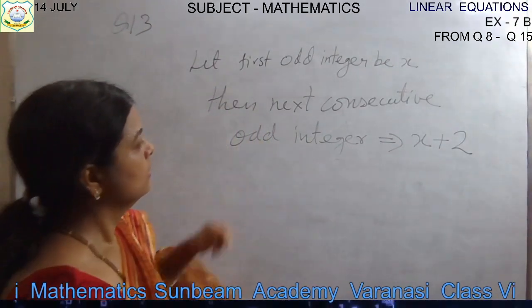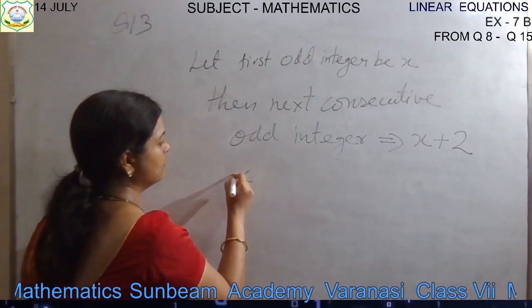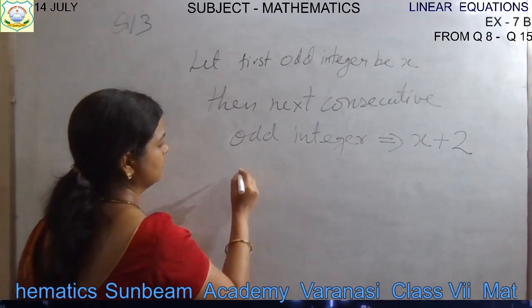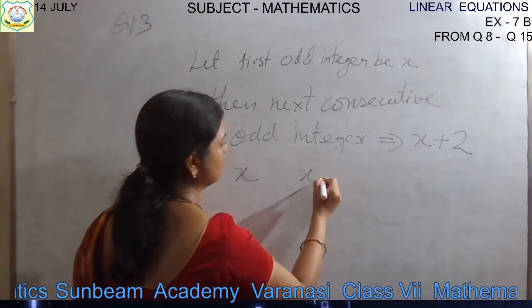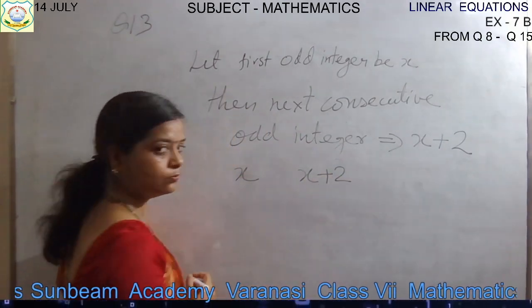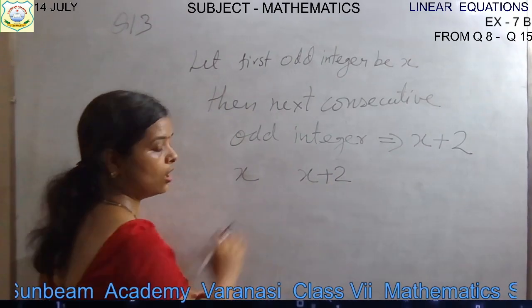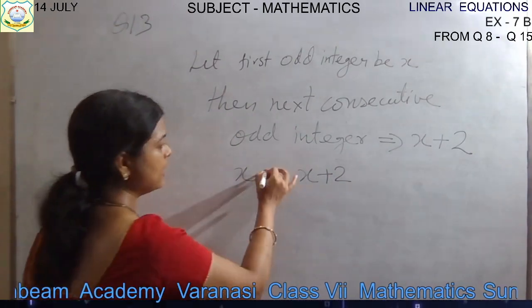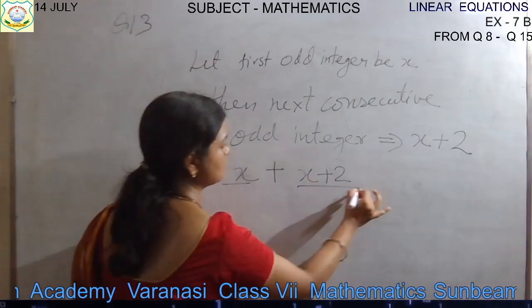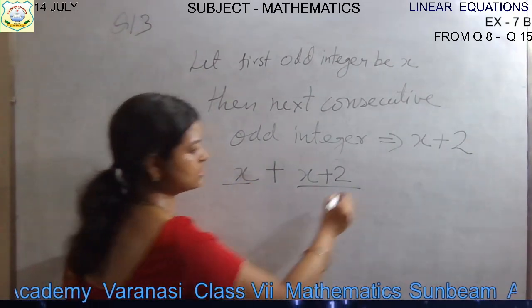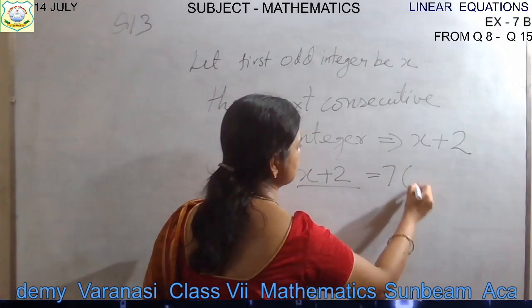Now the first odd number is x and the second consecutive odd number is x plus 2. We are having these two consecutive odd numbers, this one and this one. Their sum is how much? Their sum is 76.